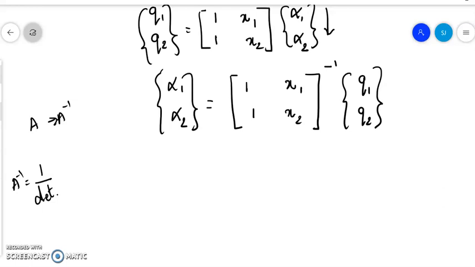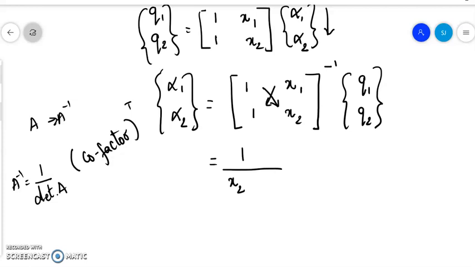A inverse is given as 1 upon determinant of A multiplied by the transpose of the cofactor matrix. The determinant of A will be 1 into x2, which is x2, minus 1 into x1, which is x1.